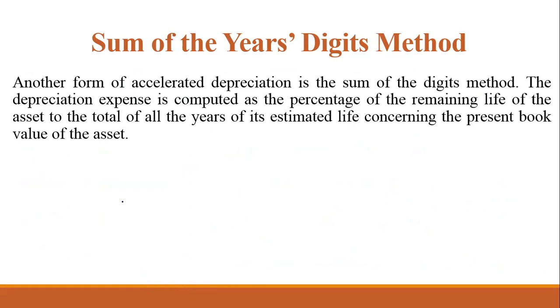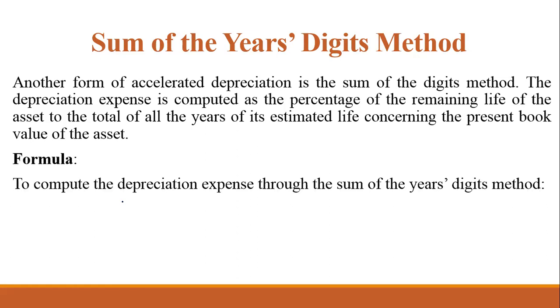So, the depreciation expense is computed as the percentage of the remaining life of the asset to the total of all the years of its estimated life concerning the present book value of the asset. Okay, so how are we going to compute the depreciation expense? Through the sum of the years digits method.